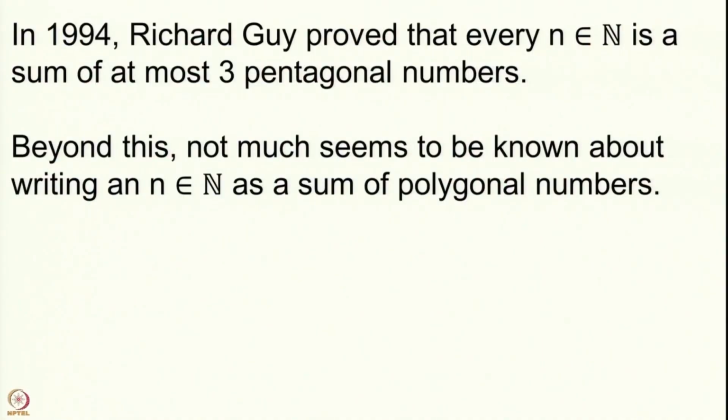Using his slightly generalized concept, he could prove that every n is actually a sum of at most 3 pentagonal numbers. However, beyond this not much seems to be known about this. So, this is the question of writing every natural number as a sum of polygonal numbers of a fixed type.